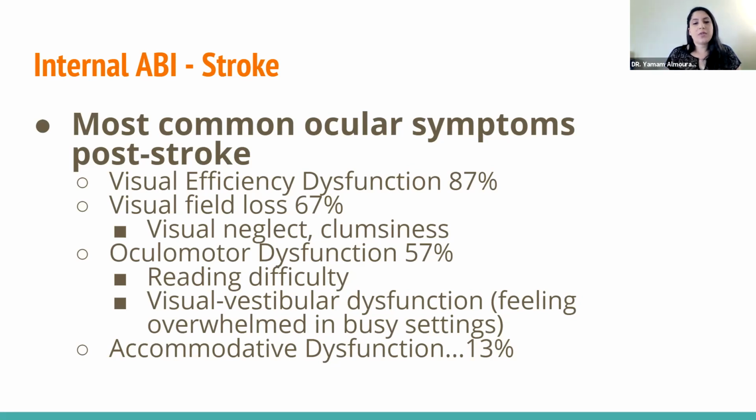Now there is a difference between permanent visual field loss, so when we're looking at a hemianopsia, and visual neglect. With visual neglect, when you actually get them onto the Humphrey or any visual field instrument screener, they show that they're fine. They're not missing anything in their vision. But then you see them and they tell you, when I eat, I don't see the left side of my food.